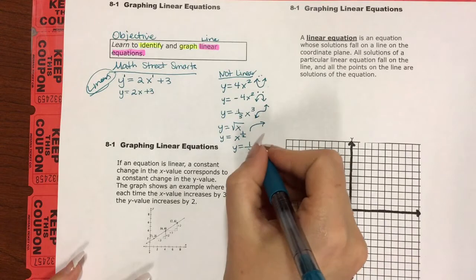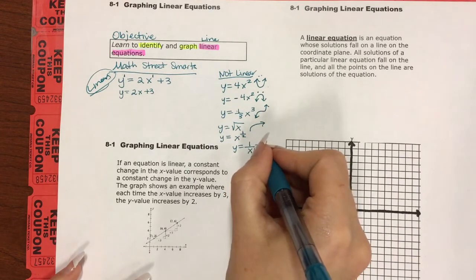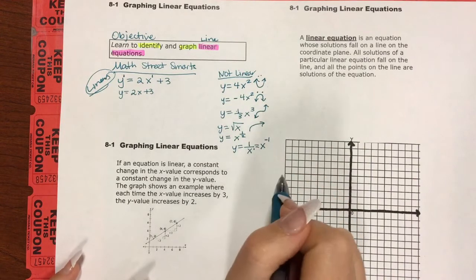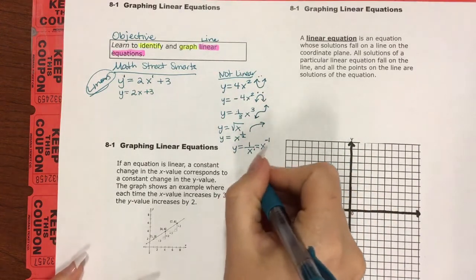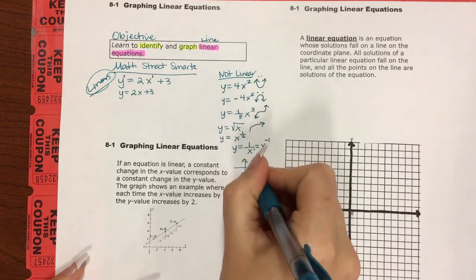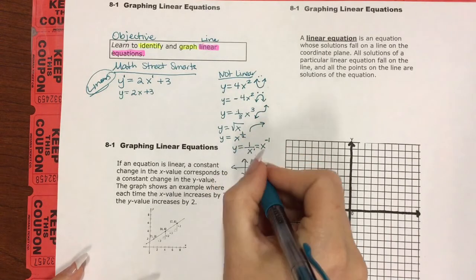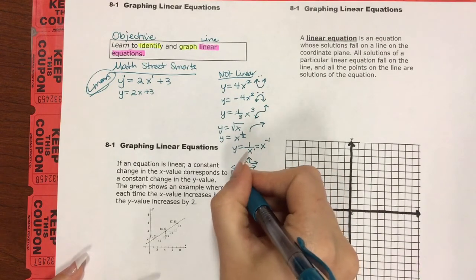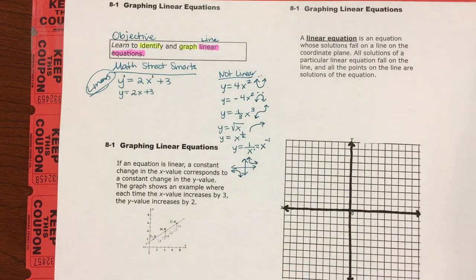Even though this looks like it has an exponent of 1, it's the same thing as x to the negative 1 power. So here the exponent is actually negative, and those will be fun things to learn about. The graph of this has a picture as well, and it looks like this. It's called a hyperbola. These are not things that you will learn in this class, but I'll talk about them just so you have some math street smarts.